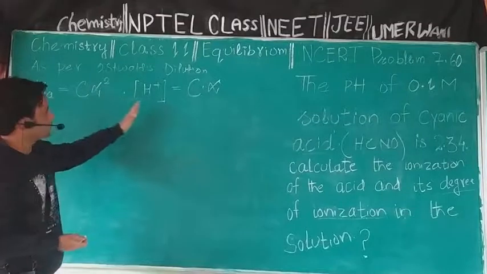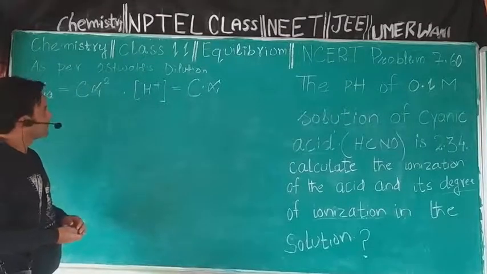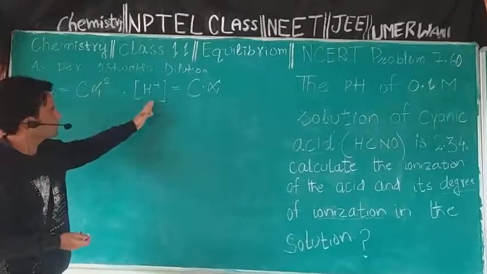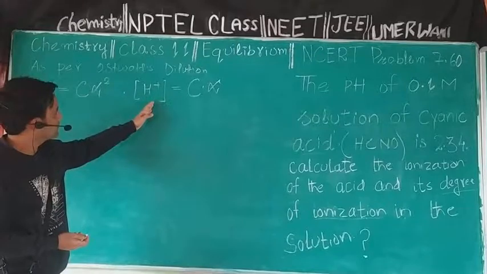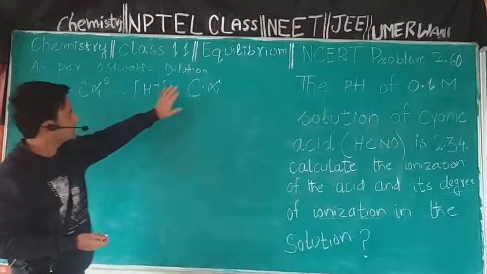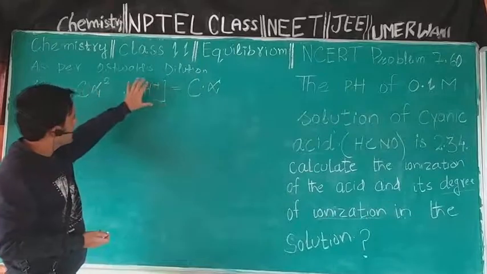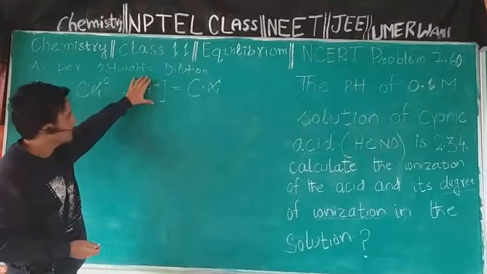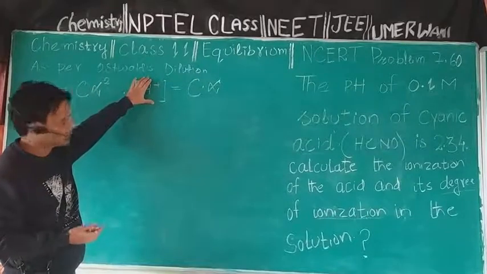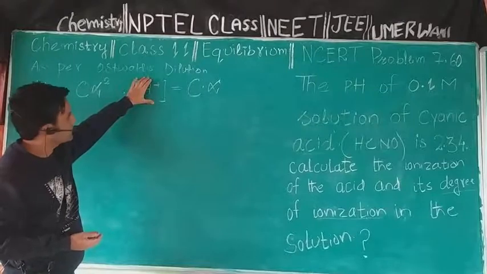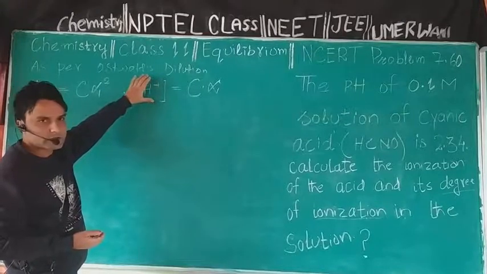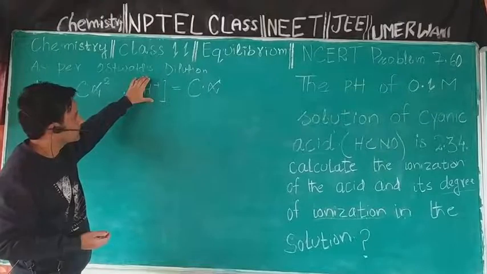So these two equations are the required equations which relate molar concentration or else pH, because pH is related with H positive ion concentration. pH is a scale to express H positive ion concentration in solution.